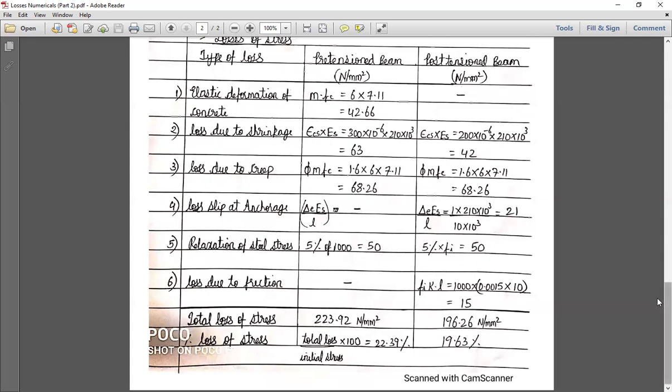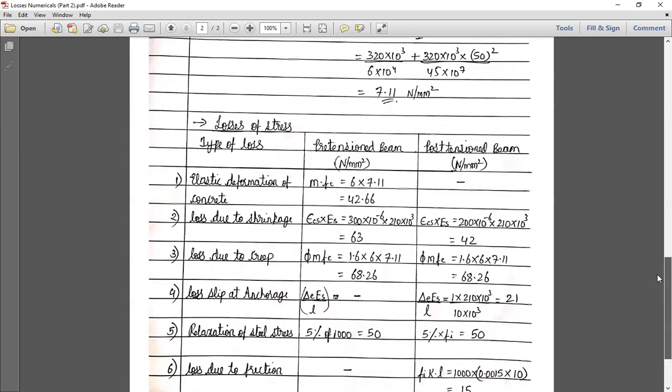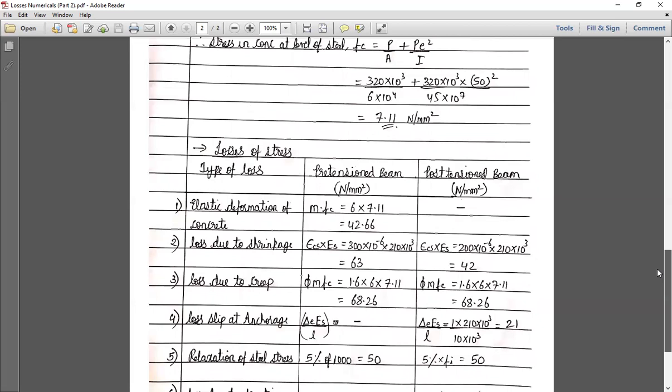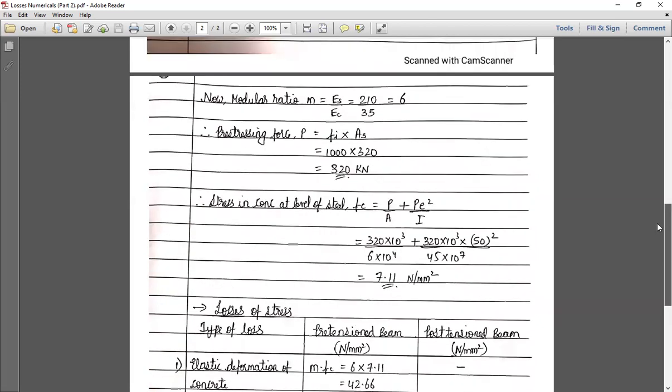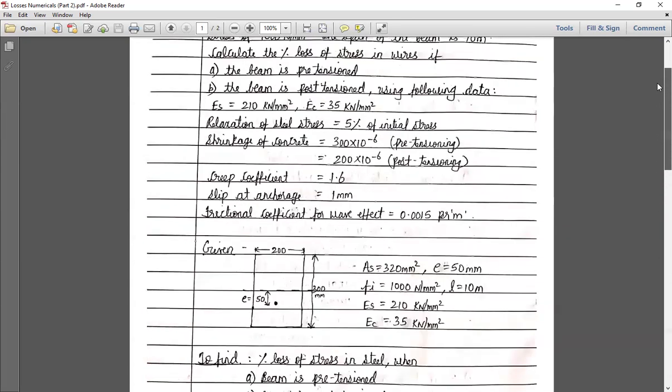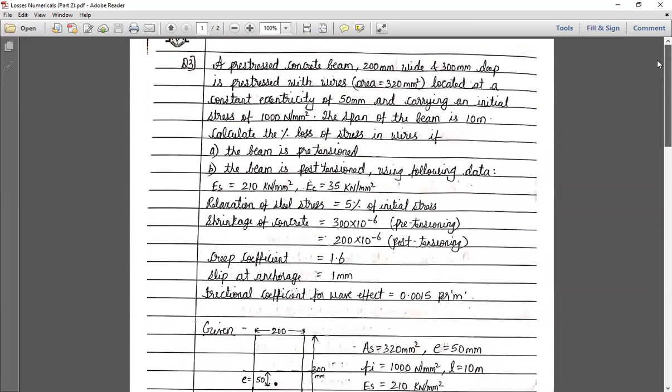This is one of the typical problems which is normally asked in the examination, to find out the percentage of losses in pre-tension member and post-tension member. Is this clear, everyone? If anyone has any doubt, you can ask me.